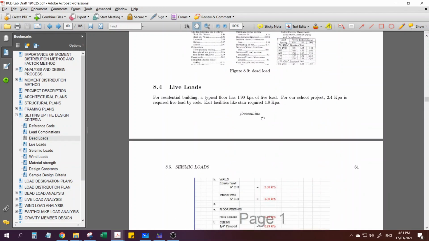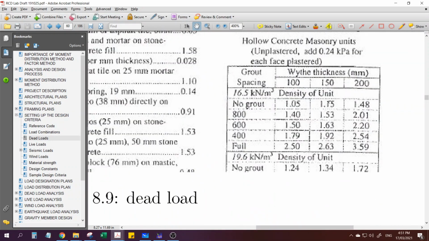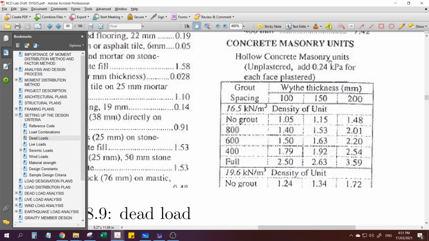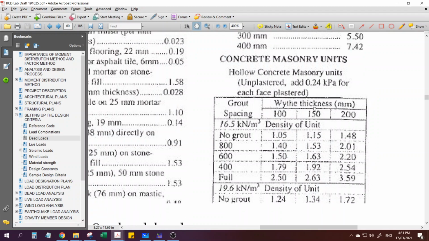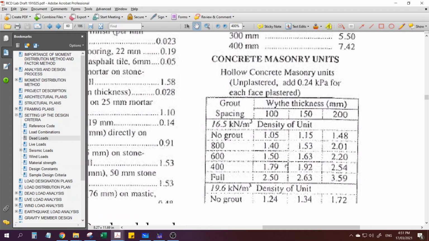Yan. So ito yung meron tayo sa NSCP, saying meron kang CMU or CHB, tapos assume ka ng this density, tapos full grout. So you have 2.5 kPa, di ba? 2.5 kPa.